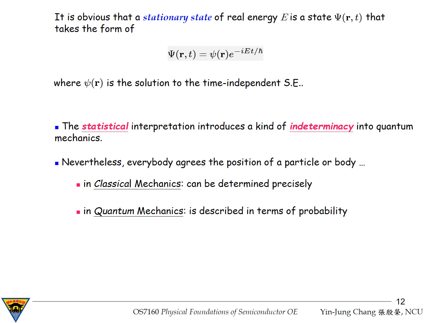As we mentioned earlier, in classical mechanics, the position of a particle or an object can, in principle, be determined precisely. If we know the initial position, the initial momentum, and the forces acting on the particle, then the equations of motion determine the trajectory exactly. However, in quantum mechanics, by contrast, the position of a particle is described in terms of probability.